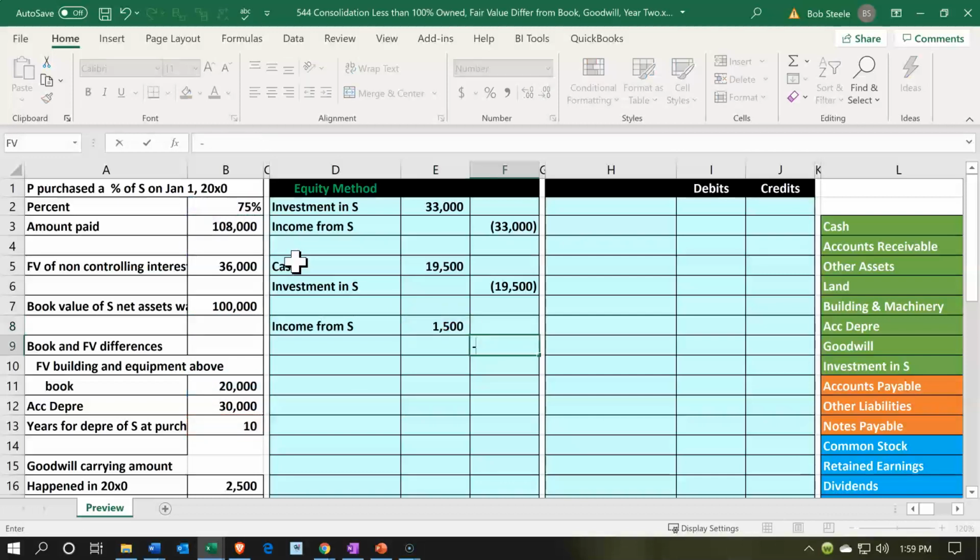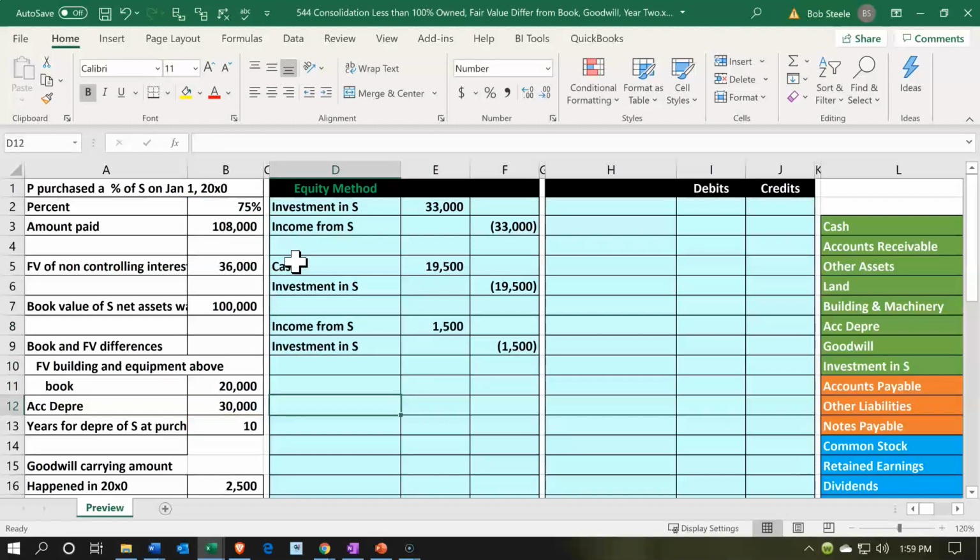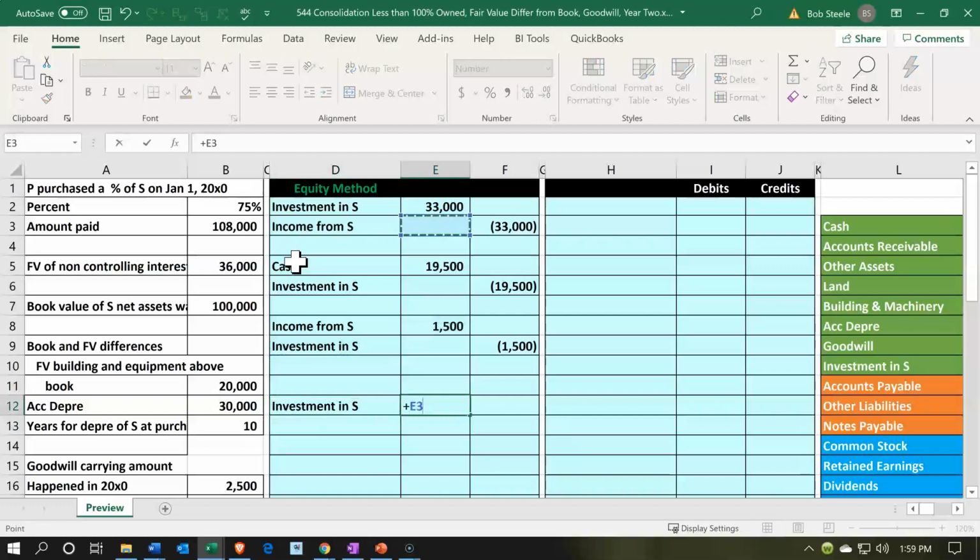So then there's the debit. Credit, the other side's going to be going to the investment account. So the effect this period on the investment is going to be, we would think, the 33 increase, the investment 19 here, and the 15.